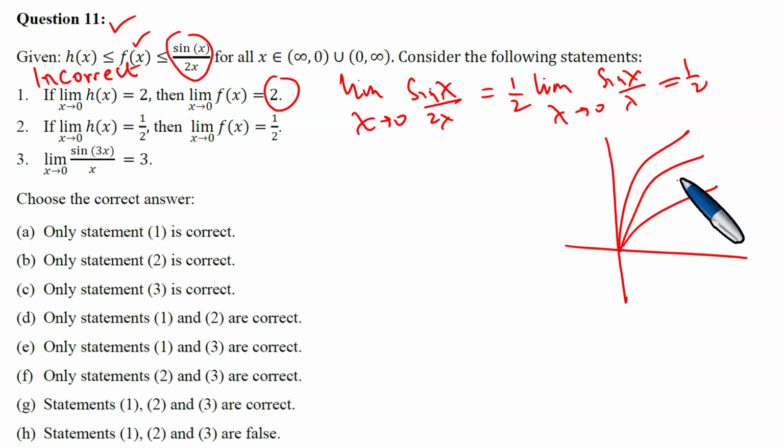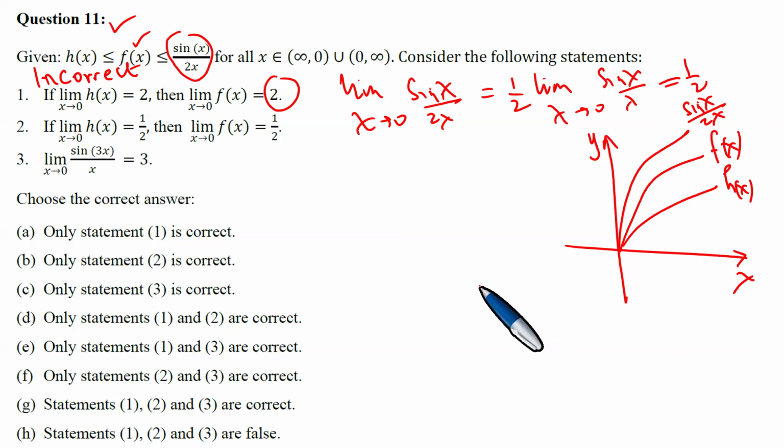Right, so you have that h of x is the smallest. And then you have f of x is actually one of the functions here, and this is the sine of x over 2x. So that f of x, therefore, is between h and the sine of x over 2x.